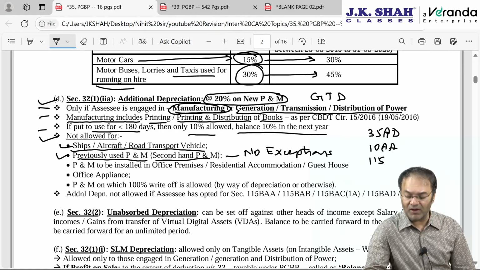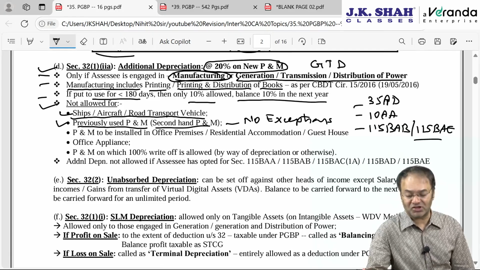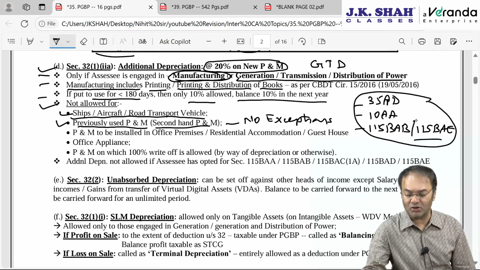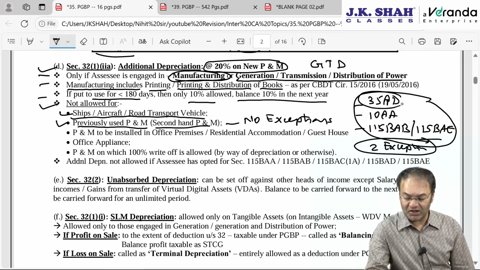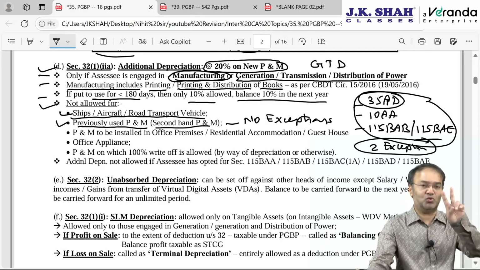And even for 115BAB, manufacturing domestic company, 15% tax rate, and 115BAE for a resident cooperative society engaged in manufacturing, at these 4 places also second hand plant and machinery is not allowed, but at these 4 places there are 2 exceptions. Out of these 4 sections, these 2 exceptions we will be discussing in 35AD. Which 2 exceptions?